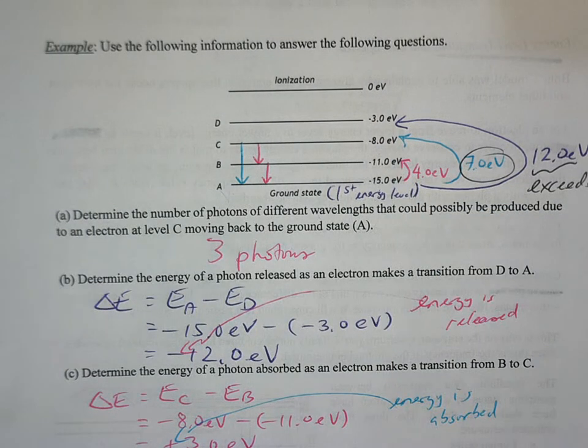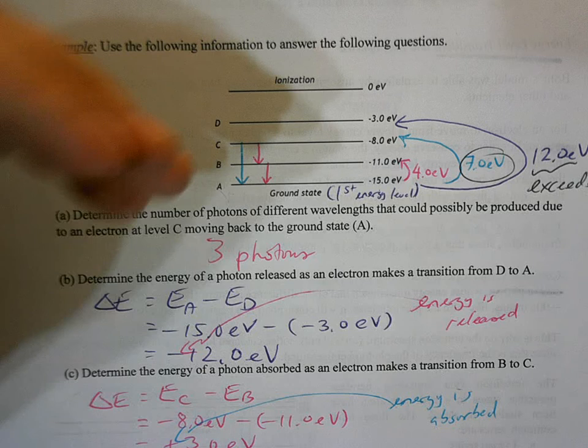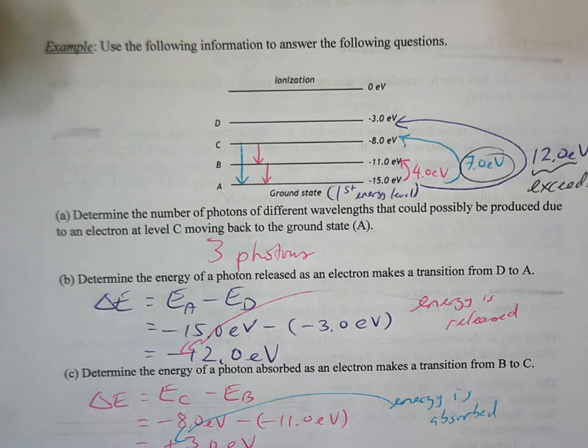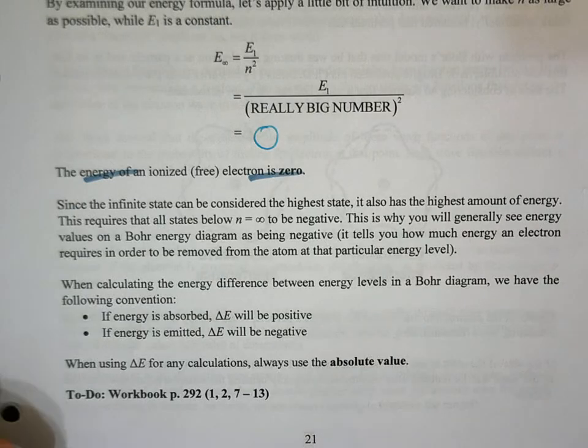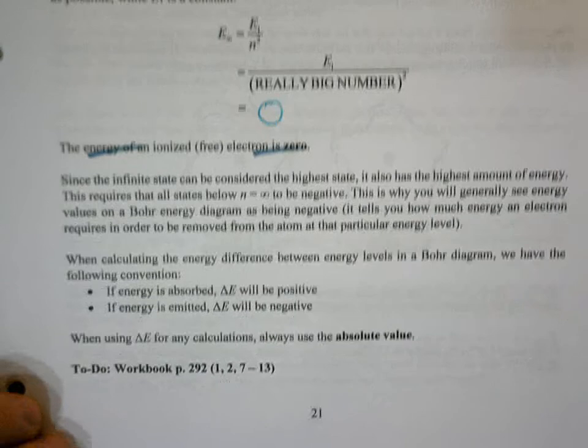This is more of a convenience, to help us with notation and simplify things. It's a reference, or a convention that they use in atomic physics. So ionization, the most energy, we define as 0, and then we work our way down to the negative numbers to stick with that convention.